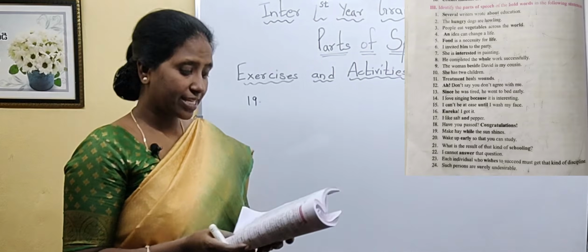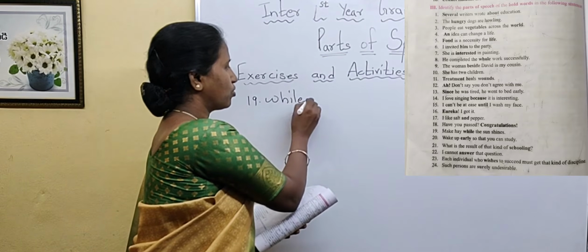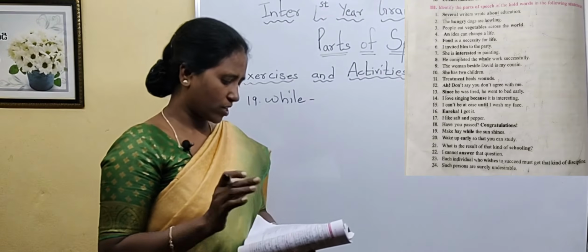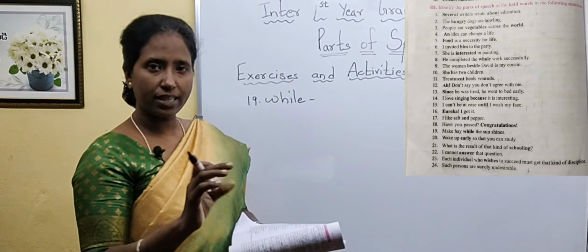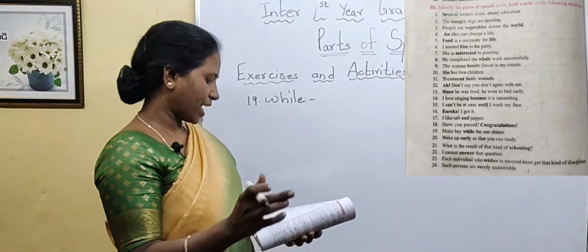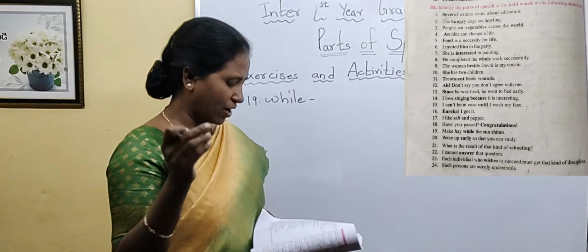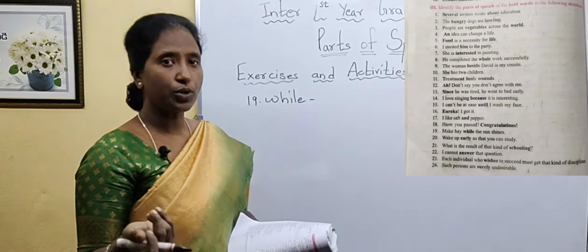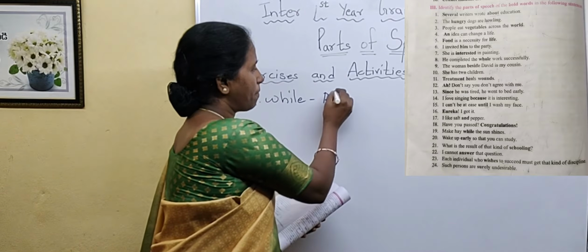Make hay while the sun shines. Here the word while is in bold letters. Now what is the function of while here? It is combining the two sentences: make hay, the sun shines. While is giving the answer to the question when. When to do it? While the sun shines. So it can be called an adverb.